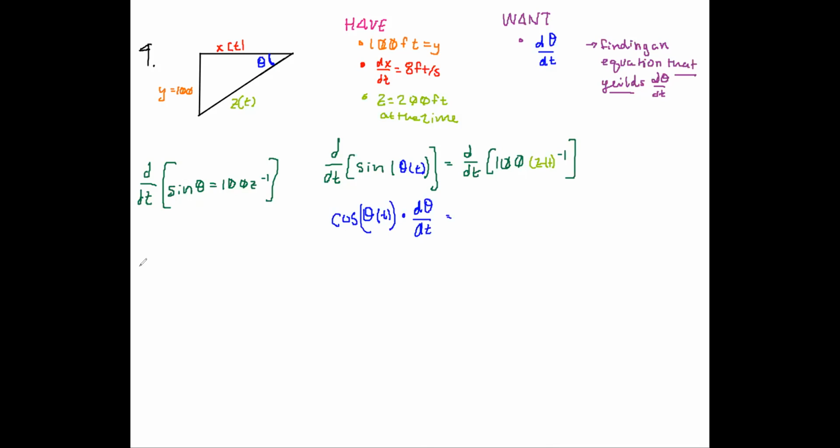And the reason that we did that was, if you remember, if we had A is equal to sine theta of t, then dA dt would be equal to dA d theta times d theta dt, where dA d theta would be equal to cosine theta.